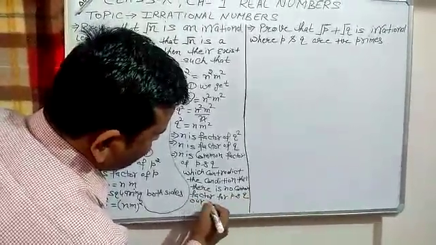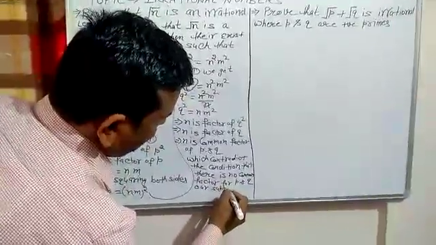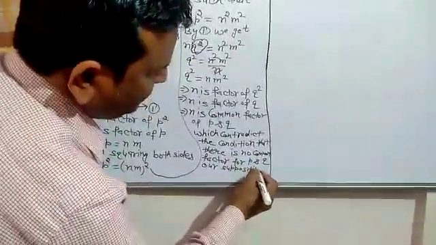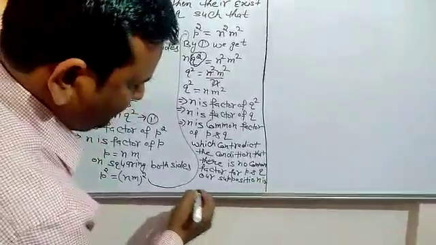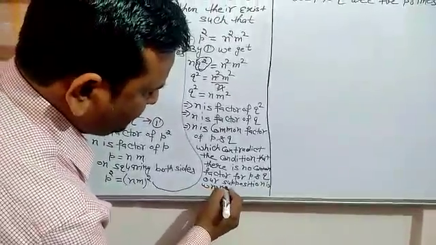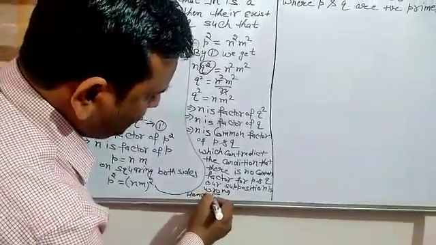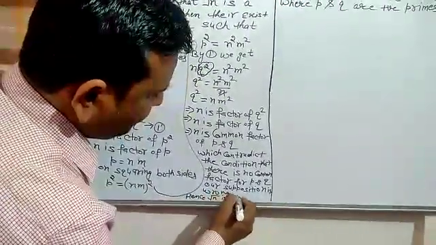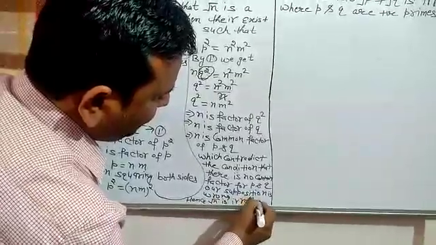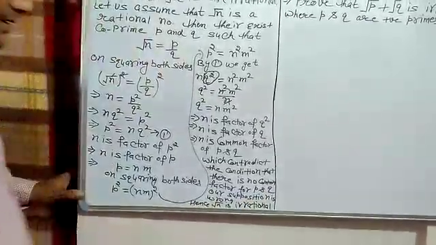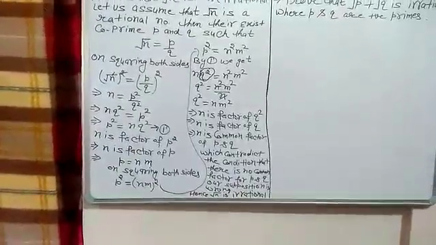Our assumption or supposition is wrong. Our supposition is wrong. Hence root n is an irrational number. So this is about root n.